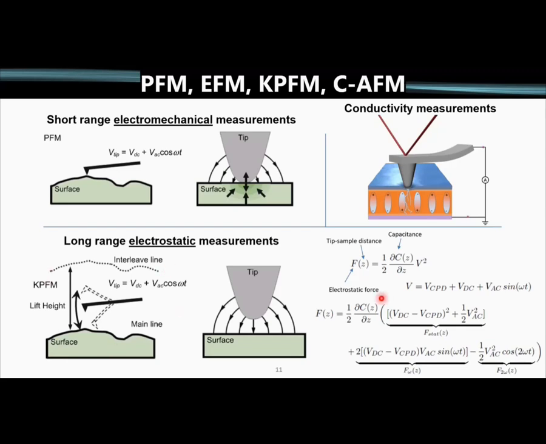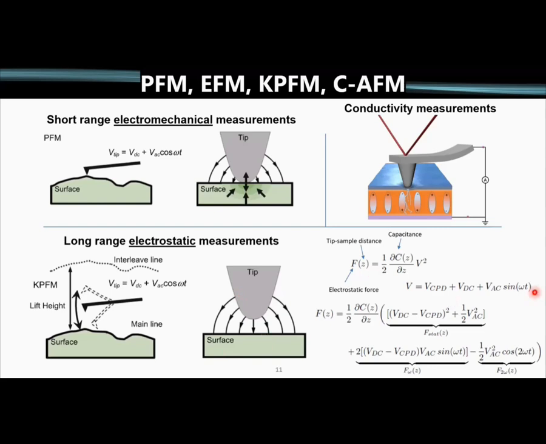Basically these equations explain the electrostatic force. The force will depend as a function of distance, the voltage applied, and the capacitance gradient that you have owing, say, to the geometry of the probe that you're using. That voltage can relate to the contact potential difference between the metal coating of the tip or the conducting tip and the surface you're looking at, whether it's a metal or semiconductor.